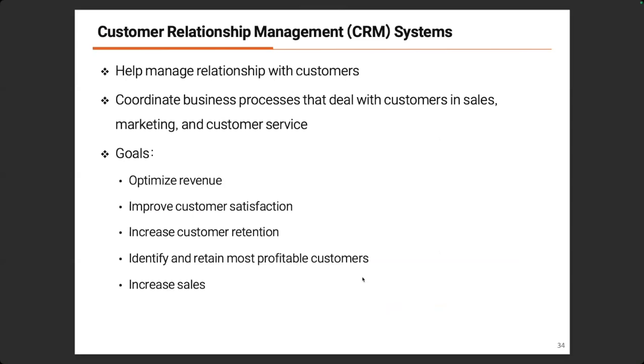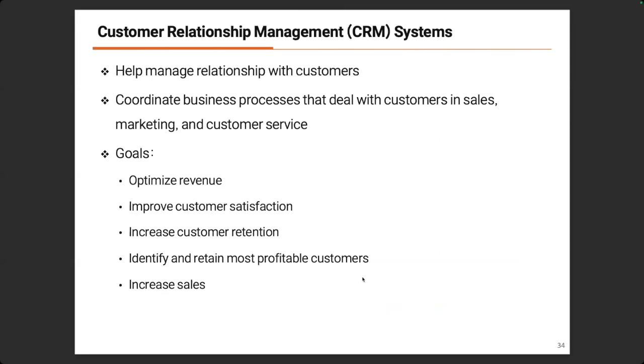So these systems' objectives are to optimize revenue or customer satisfaction and to increase customer retention, identify and retain the most profitable customers, and increase sales. Okay, so one example of customer relationship management systems is AI chatbots used in the call center or customer service department.